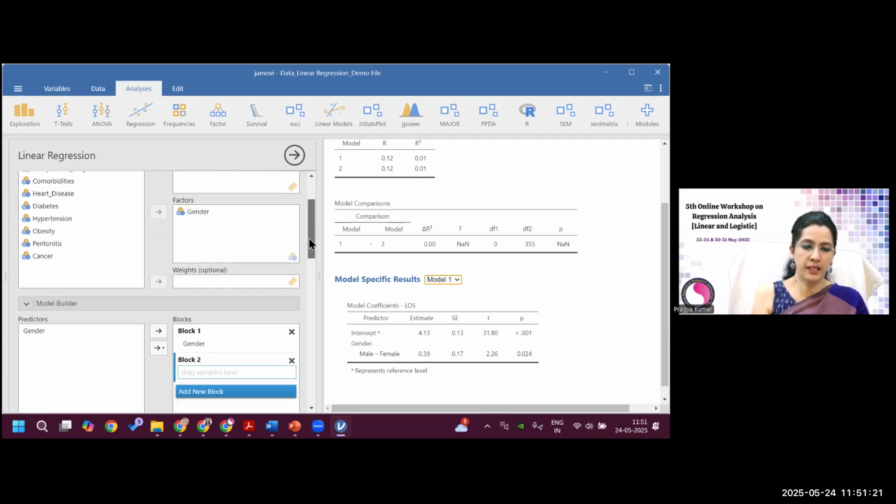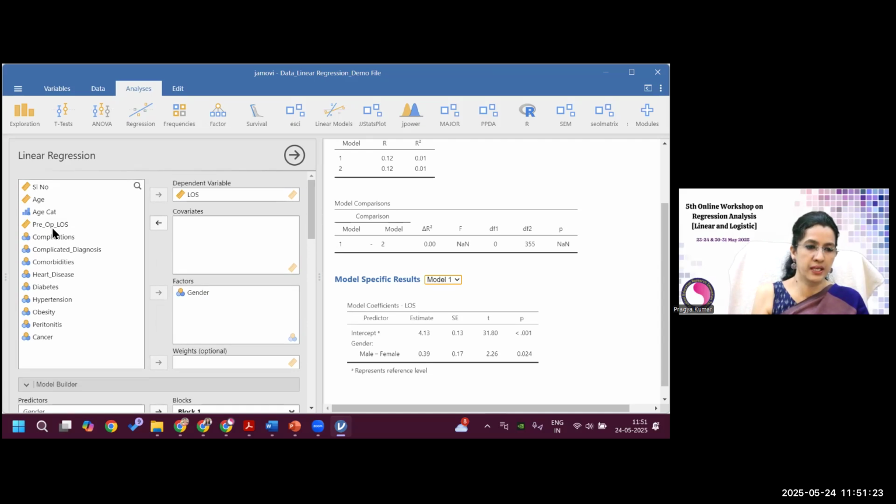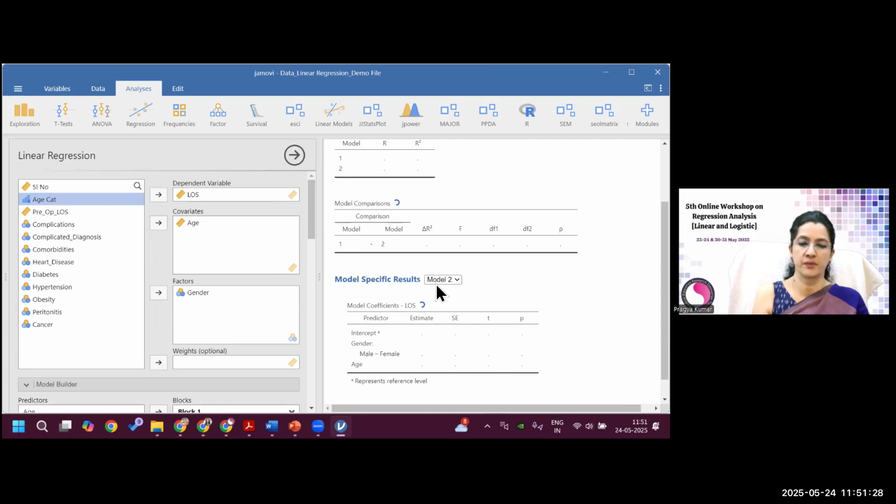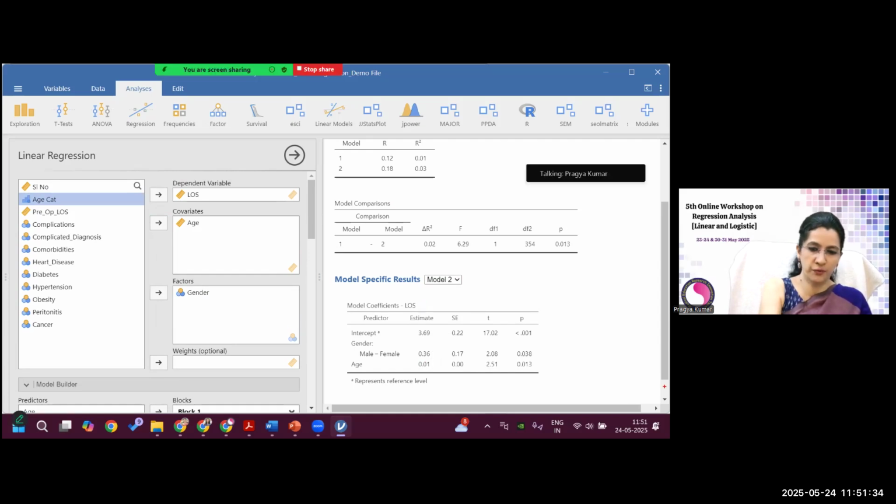Now I have taken age also, so I will move this age here as a covariate, as another factor. And now my beta coefficient from 0.39 has come down to 0.36.